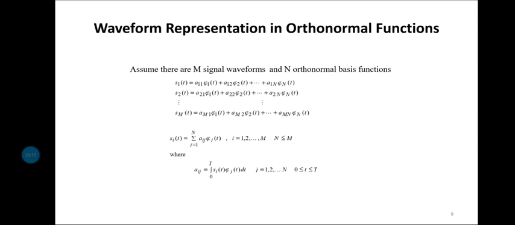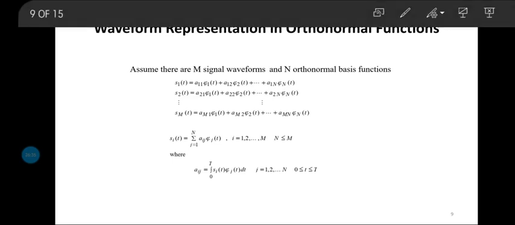Let us try to find out, for any arbitrary finite set of waveforms Si of t, where i goes from 1, 2, 3 up to M, where each member of the set is physically realizable and of duration capital T seconds, which can be expressed as a linear combination of N orthogonal waveforms like psi 1 of t, psi 2 of t, psi 3 of t, where N is less than or equal to M.